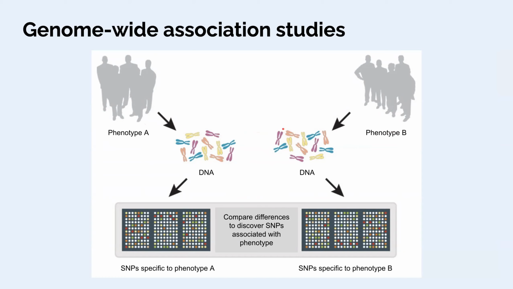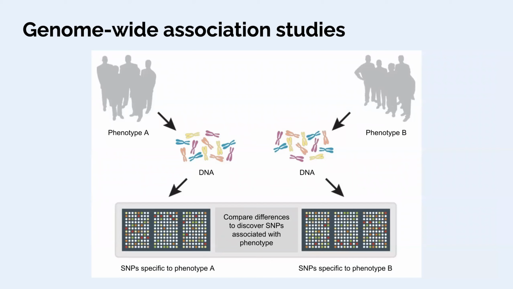So we're looking at lots of data compared against lots of data. And by doing that comparison, you might discover, like we were just looking at with the eye color SNP, something that is significantly different in one population versus the other population.